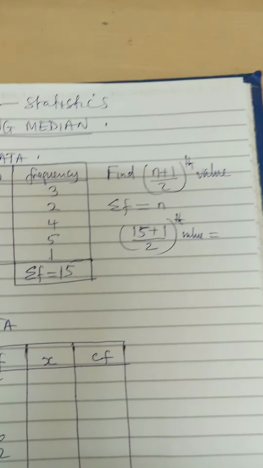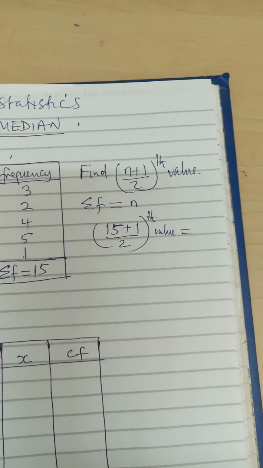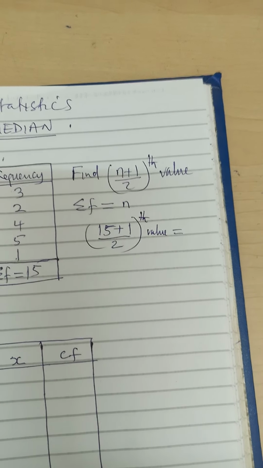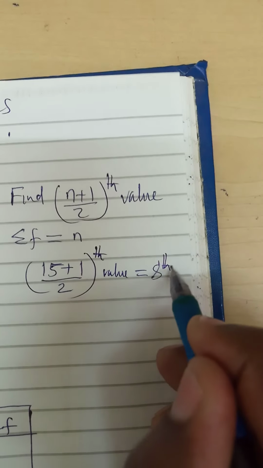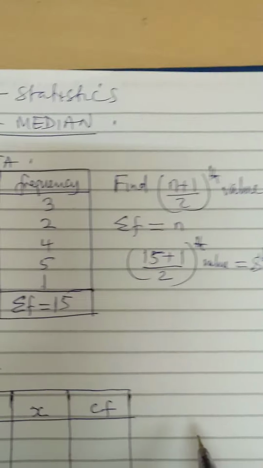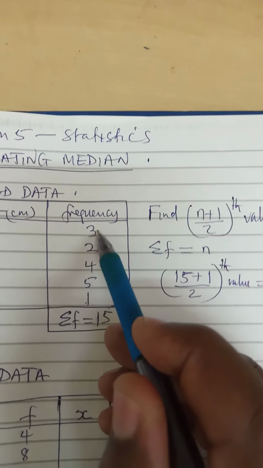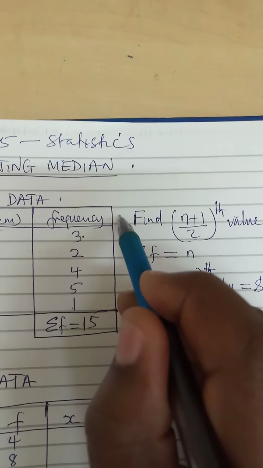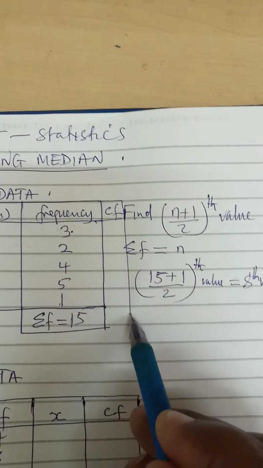To find median, I repeat, we must use a formula that will give us the nth value. So the 8th value in the column of frequency will give us our median. What do we do? We begin by checking that actually if I added the CF column here, it could be even faster.